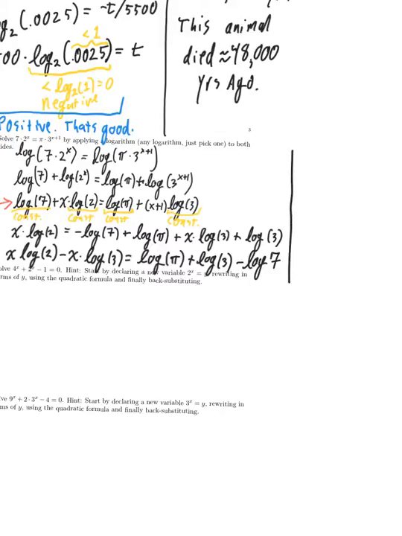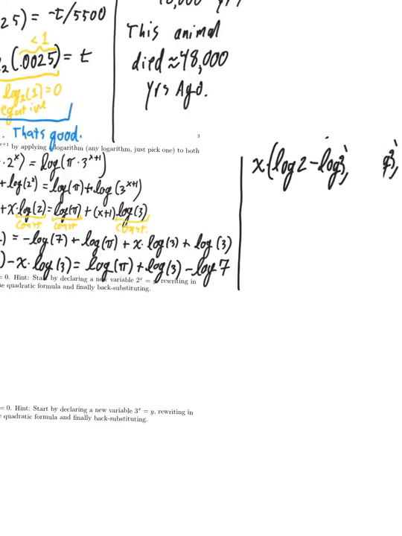So I'll have x times log 2 minus log 3 with parentheses. Those parentheses are important. Equals, and all the stuff on the other side, I see log pi plus log 3. That addition will turn into multiplication, minus log of 7. That subtraction will turn into division.